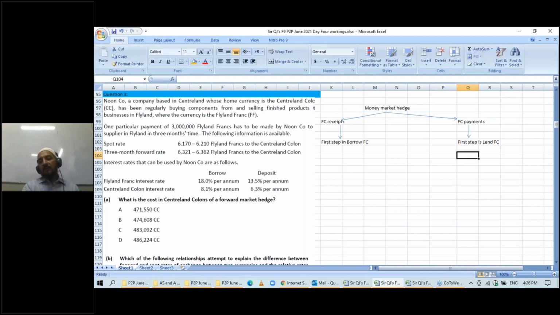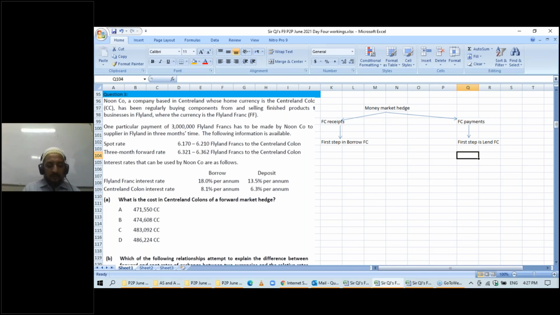In the case of borrowing, we will receive foreign currency in the future, so instead of receiving in the future, we receive now. In the case of payments, we have to make the payment in the future, so we will try to pay it now. How can you pay in the money market? By investment. If you invest money, you pay the money out to the bank, or you invest somewhere, and the cash goes out immediately. So we will see the 3 steps in the next part.